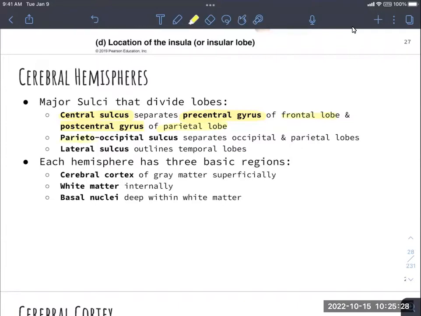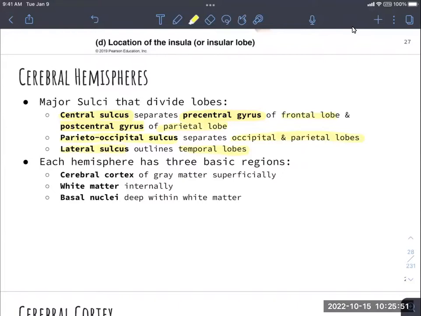We have a parieto-occipital sulcus. It tells you what it does. Separates the occipital and parietal lobes. We have a lateral sulcus. That gives us our two temporal lobes, one on each side.